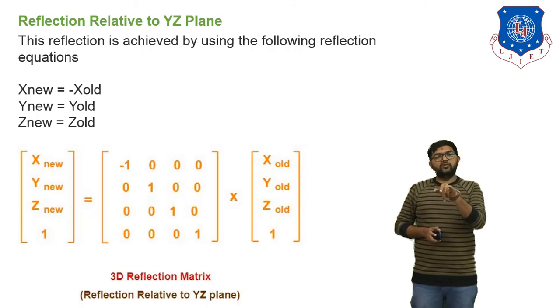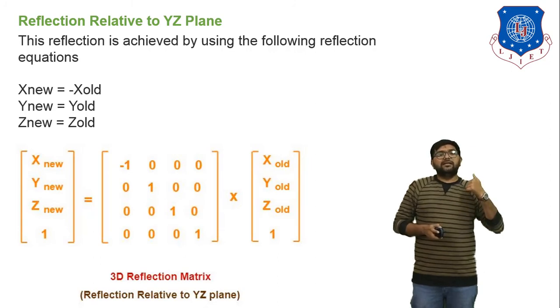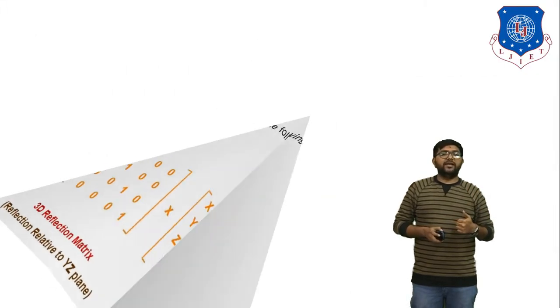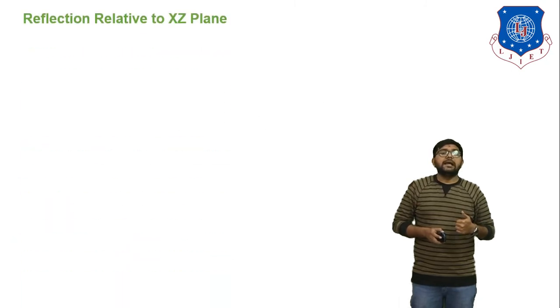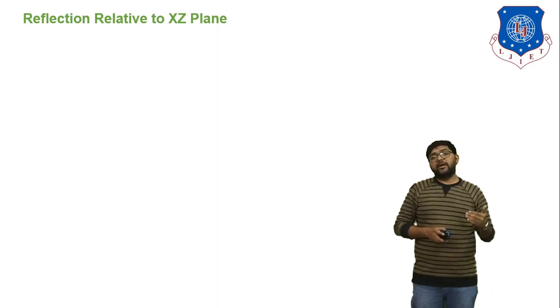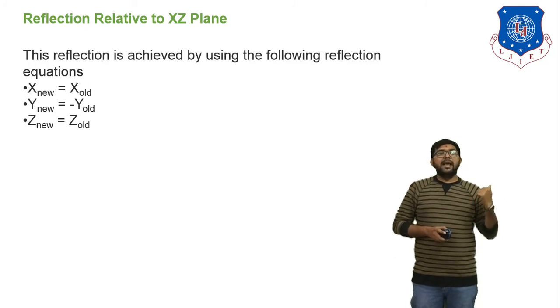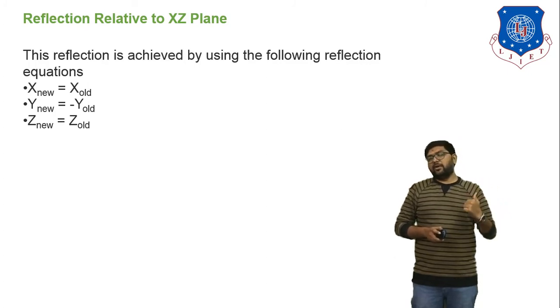If you multiply these two matrices, you will get the answer for the 3 equations, and that is the last equation, reflection relative to the XZ plane. In reflection relative to the XZ plane you have to consider the Y coordinate with a negative sign. This reflection is achieved by using the following reflection equation: X new is equal to X old, Y new is equal to minus Y old, and Z new is equal to Z old.